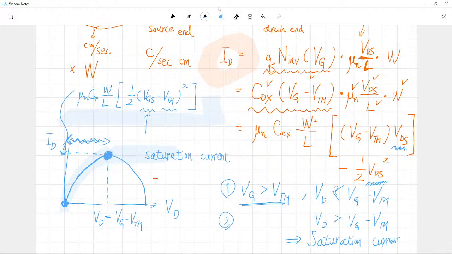This is the expression for your saturation current. So the overall behavior for a fixed gate voltage and changing drain bias, you will have this graph.